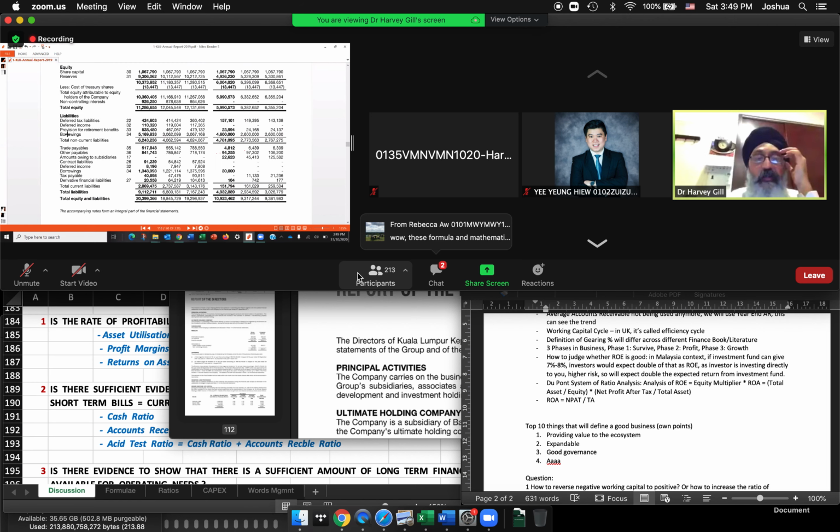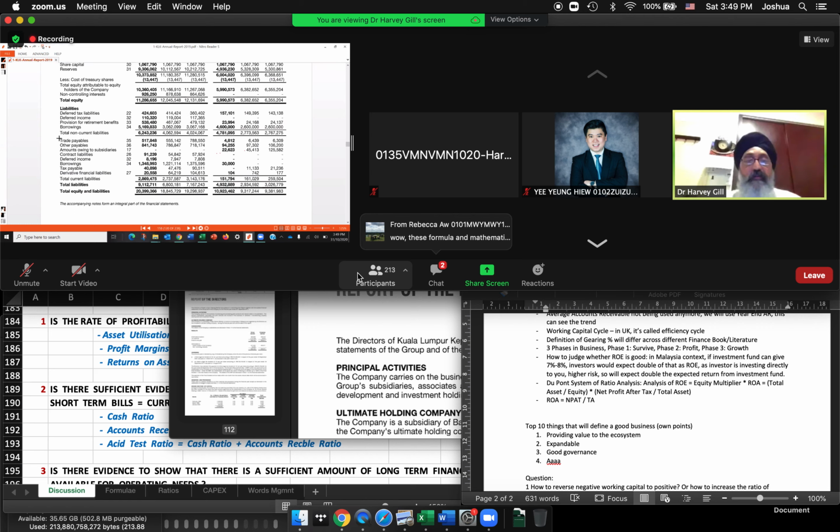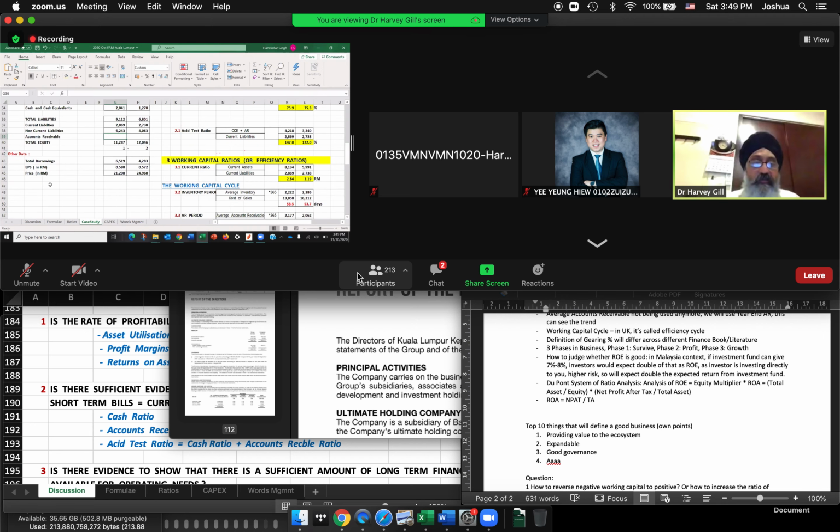Trade payable there. You can take trade and other payables. All of this, trade and other payables. So these two items are your payables, just like we did for AR earlier. Account payable, sorry.